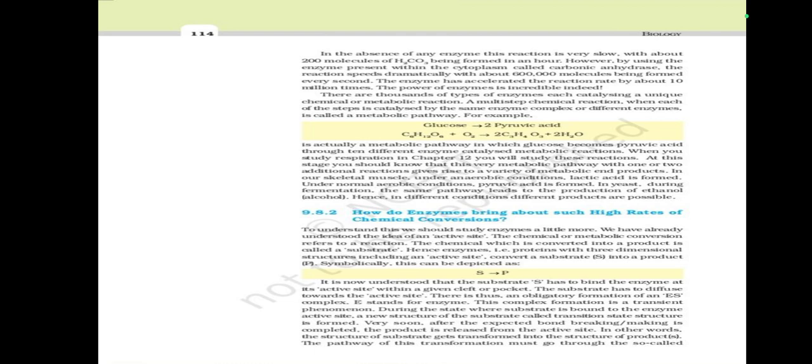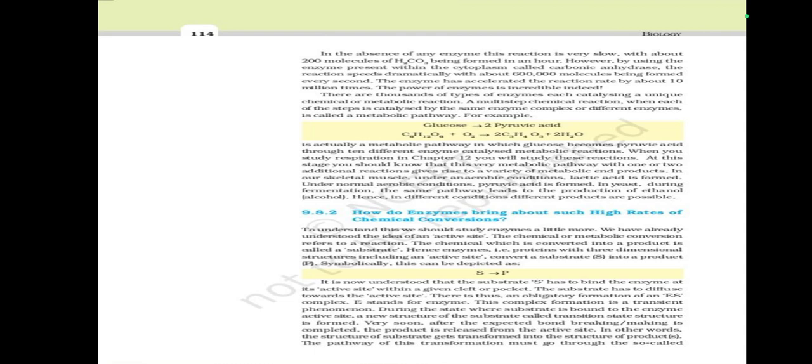There is thus an obligatory formation of an ES complex. E stands for enzyme. This complex formation is a transient phenomenon during the state where the substrate is bound to the enzyme active site.